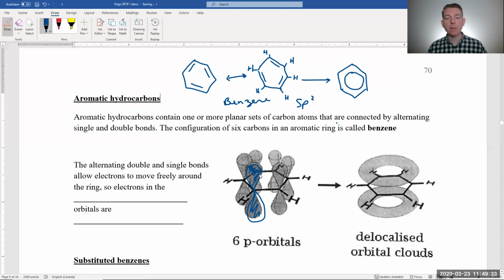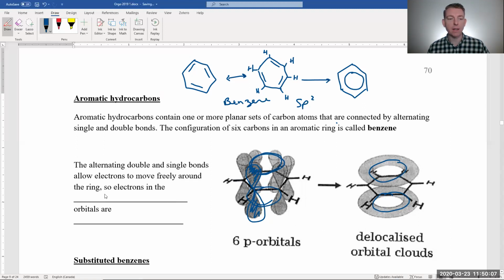But instead of that being the orbital and those 2 electrons just sticking next to that one carbon, all of these p orbitals can join or bond together on the top, above, and below the circle. And what we end up with is something that's a lot more physically representative as these 2 rings of electron density or delocalized orbital clouds, where the electrons that would be in these bonds, these pi bonds, are just completely delocalized into these different things.